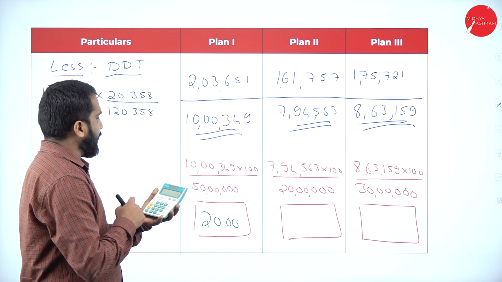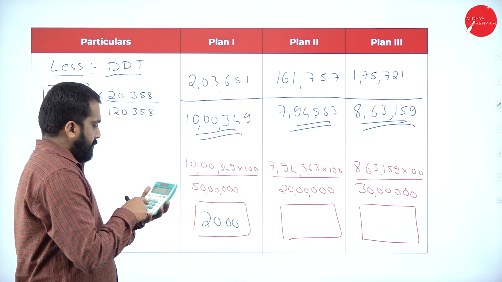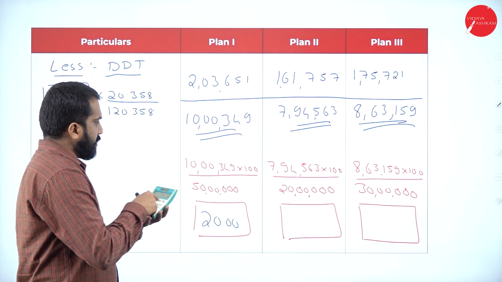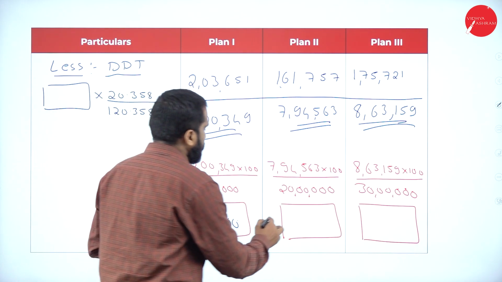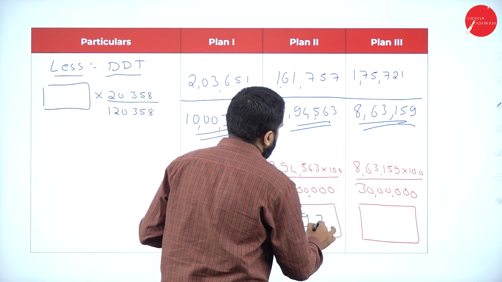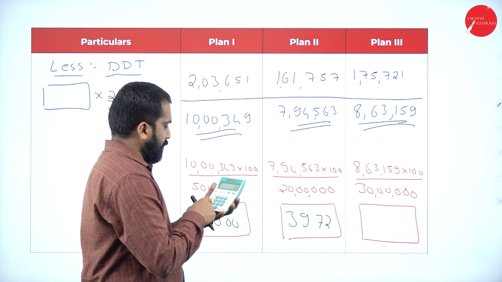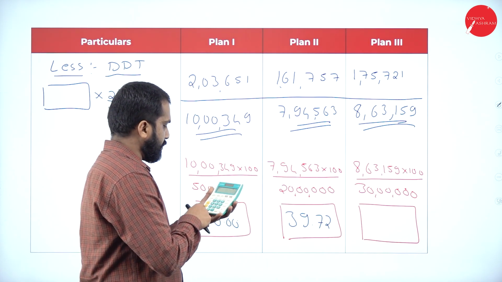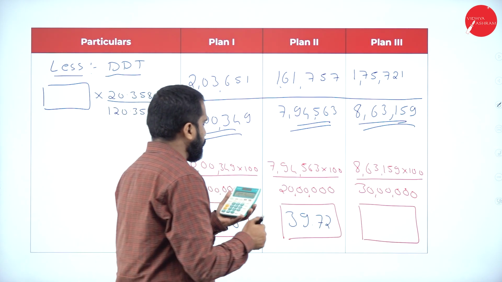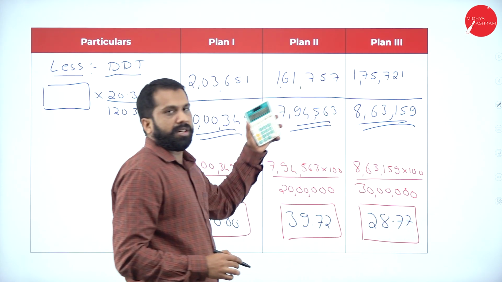Next, 7,94,563 into 100 divided by 20 lakh. I got 39.72. And the last one, 8,63,159 multiplied with 100 divided by 30 lakh. I got 28.77. You just cross-check the calculation.